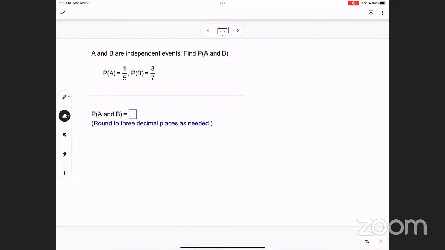Yeah, I don't see it in there. It's on the tip of my tongue.